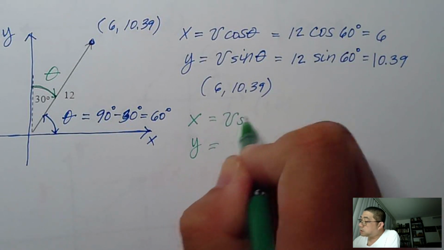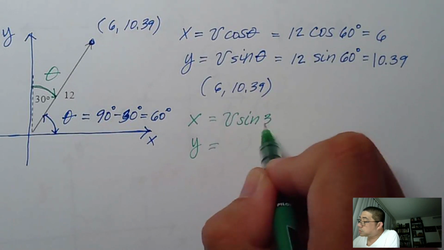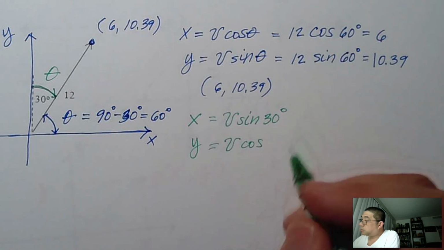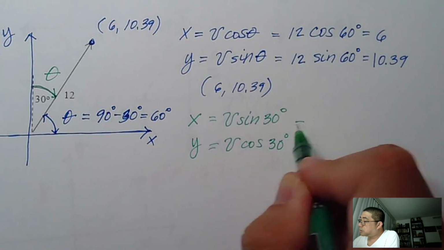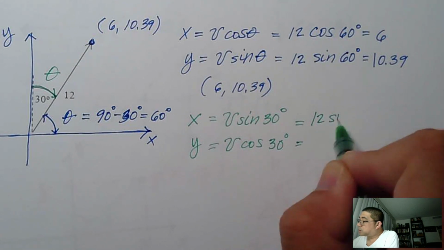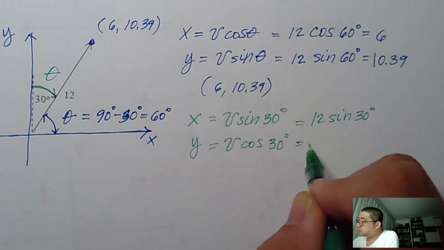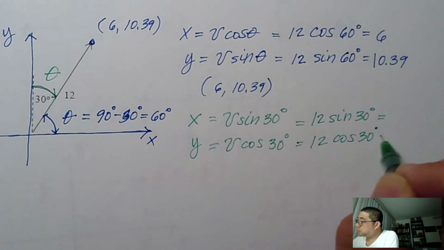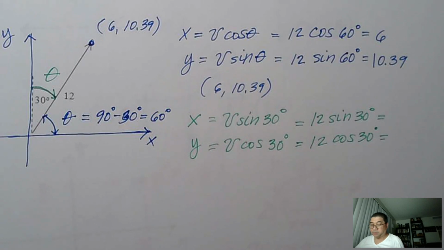So V sine 30 degrees, and this one is V cosine of 30 degrees. So meaning that is 12 multiplied by sine 30 degrees, and 12 cosine 30 degrees. And I hope you're not surprised that the values are going to be equal. Now, let's take a look at sine 30.